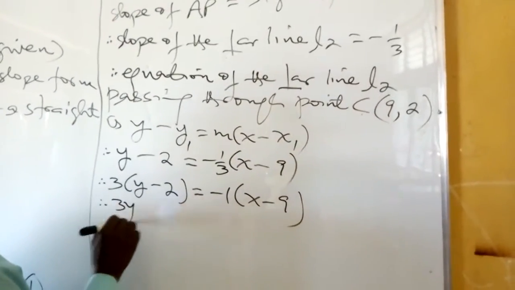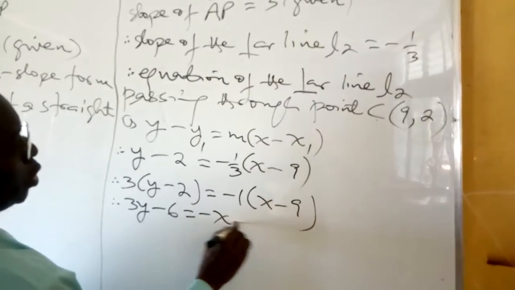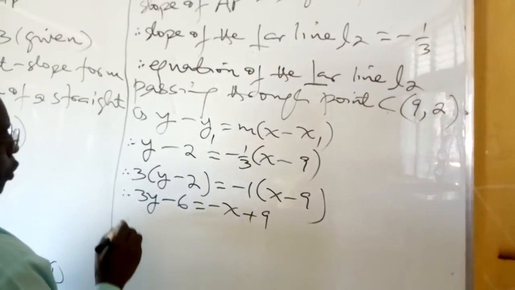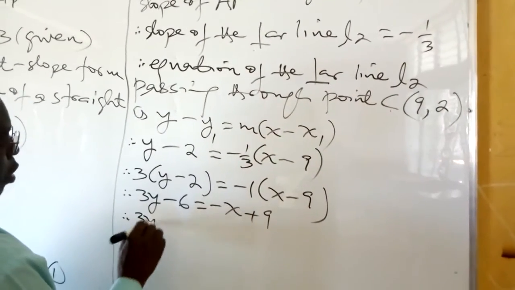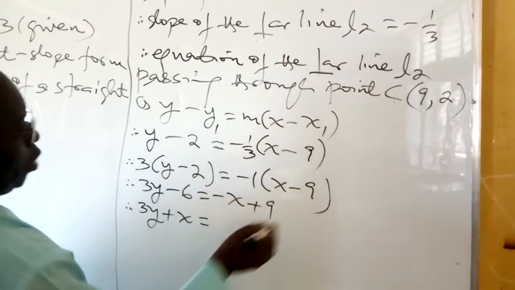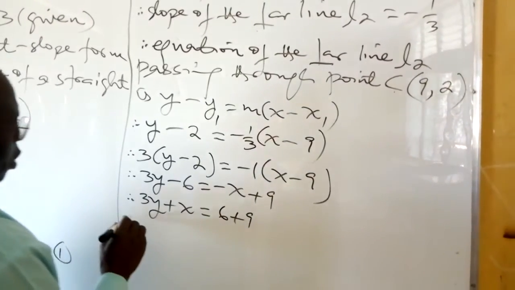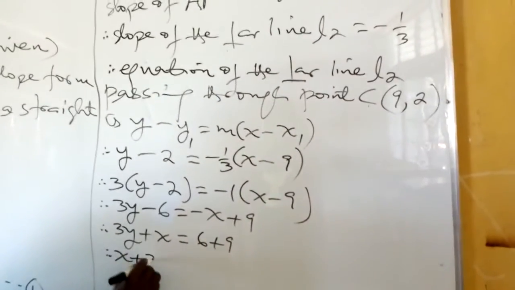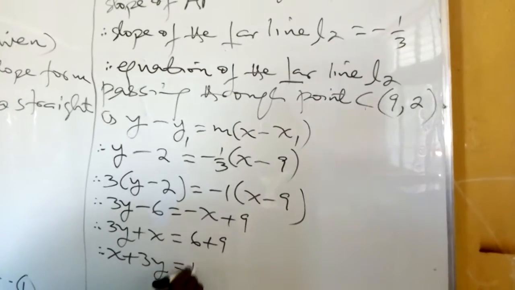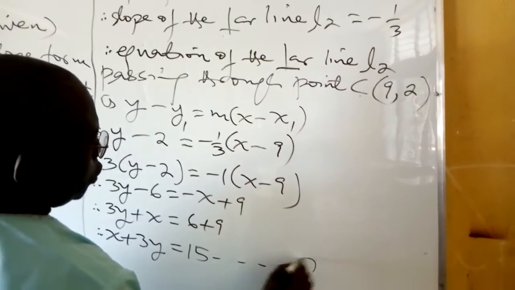Therefore, 3y minus 6 equals minus x plus 9. So 3y, take minus x across, it becomes plus x. Take minus 6 across, it becomes plus 6. 6 plus 9. Therefore, x plus 3y equals 15. I can call this equation 2.